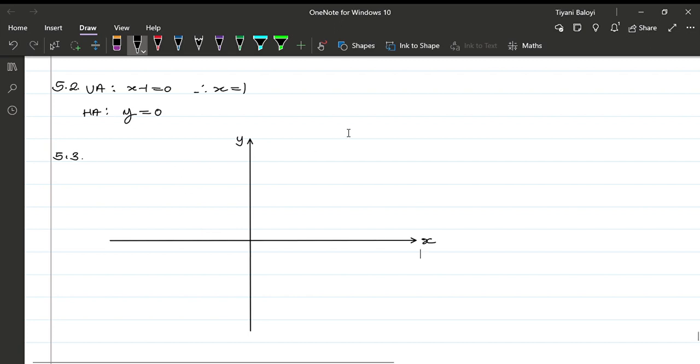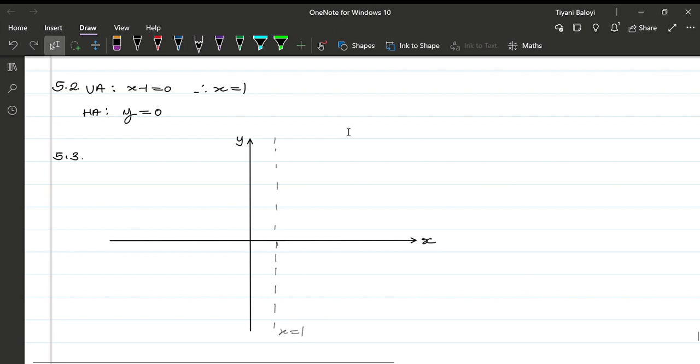The vertical asymptote is at 1, so we can just indicate our asymptote like this. Let me just use a pencil with a dashed line. You can also just draw a solid line, it's okay. So this is our x is equal to 1. That's our vertical asymptote, because they say show all asymptotes.